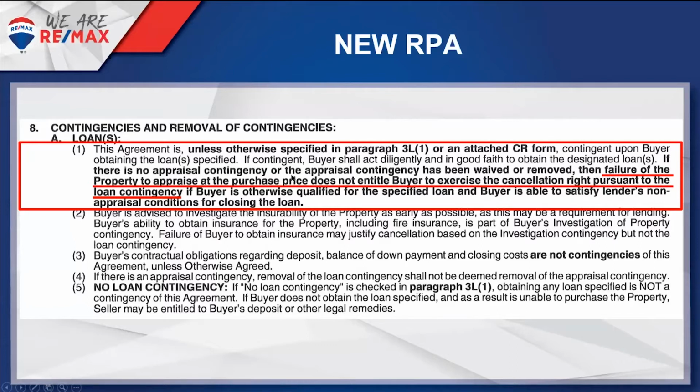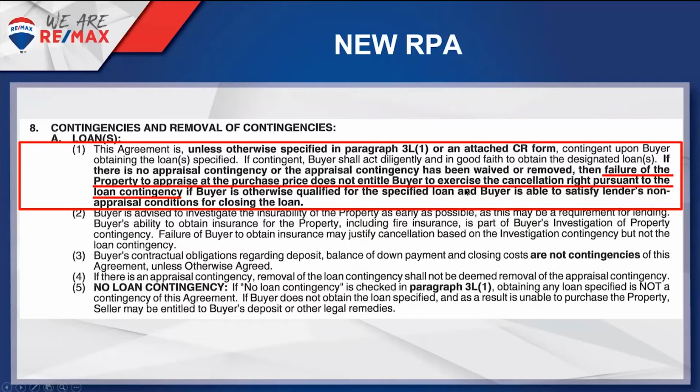They're not related. Currently, the current offer suggests the same thing, but there is a tendency on buyers to remove their loan contingency and say, well, that's okay, I have the appraisal contingency, or remove, even worse, their appraisal contingency and say, well, that's okay, I still have a loan contingency. If it doesn't appraise, I can't get my loan.